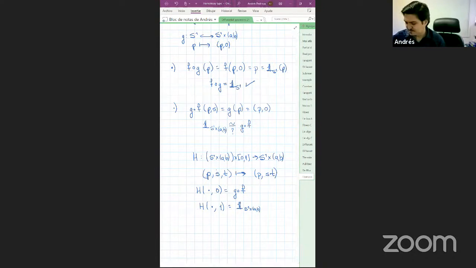Let me just write it down. T times S. Because again, it is the same principle, T, and you are shrinking the interval (A, B). That's what you're doing only. The circle, you can neglect it.